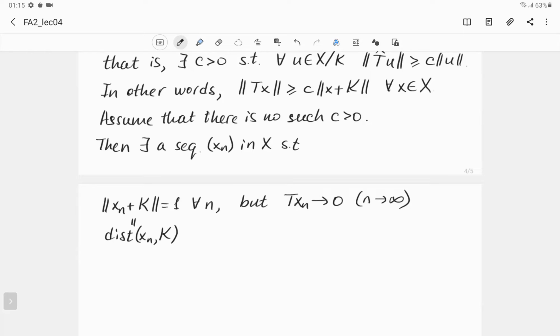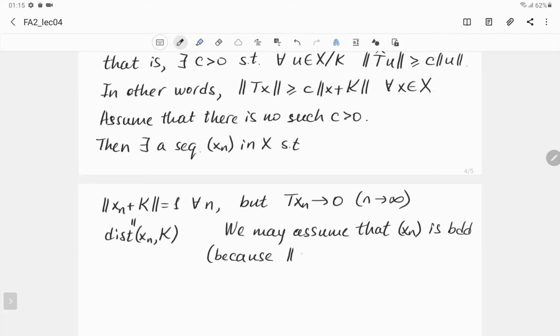Okay, now let's observe that we can also assume from the very beginning that Xn is bounded. We may assume that the sequence Xn is bounded because the norm of xn plus K is 1.